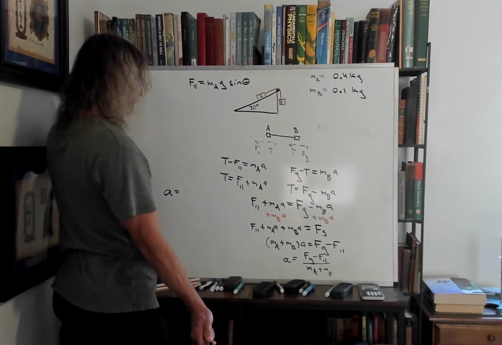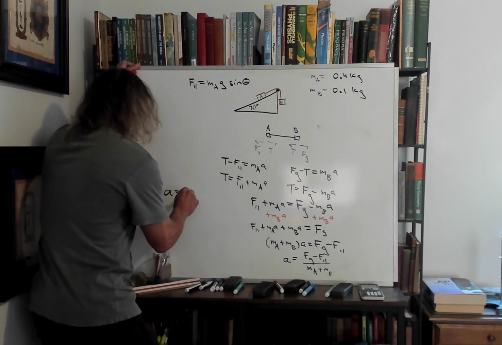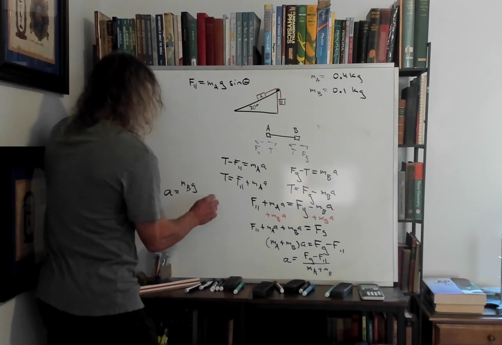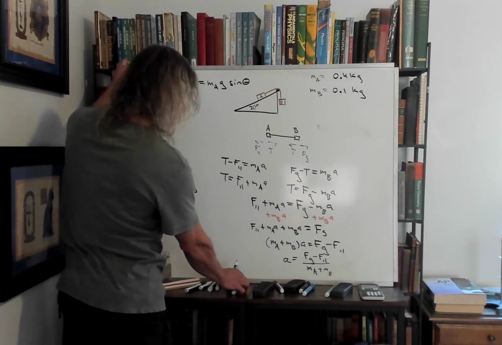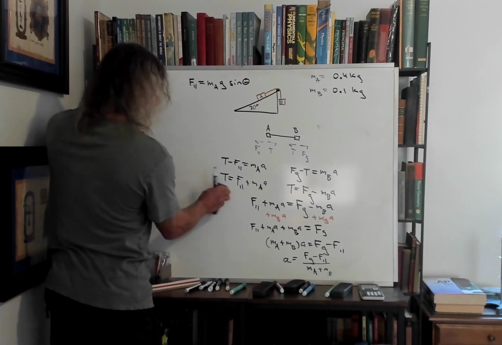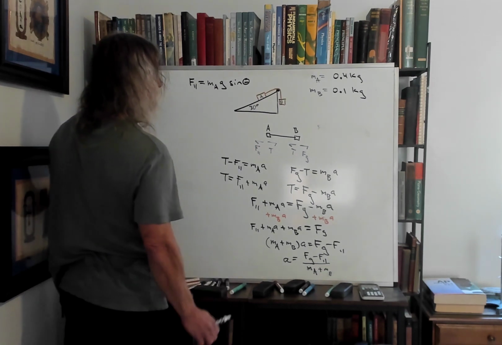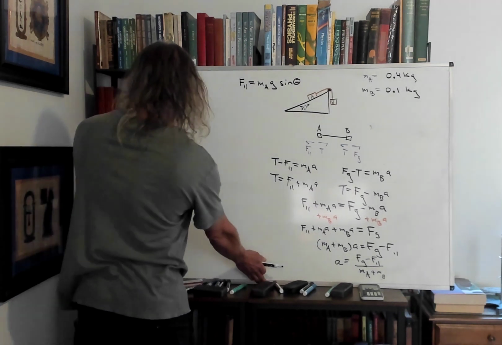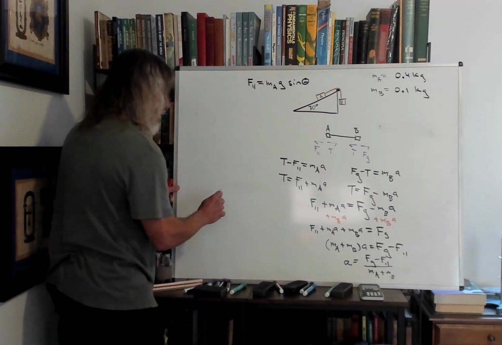You know, we're talking about for the B, the mass of B times G. Maybe I'll run out of room. I guess I'll push this over to the side, so I have more room to write. I'm not crammed against the wall.